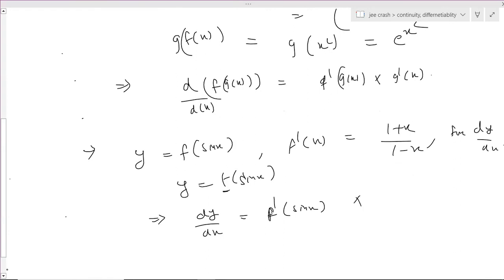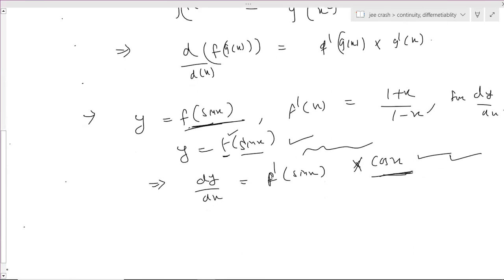We have differentiated function f dash x, but then we have to differentiate sine x also. Is it clear how you can make silly errors? All right, so always focus on this. If you have a function inside a function, then you always have to differentiate the function inside also. All right, do not make these simple errors.